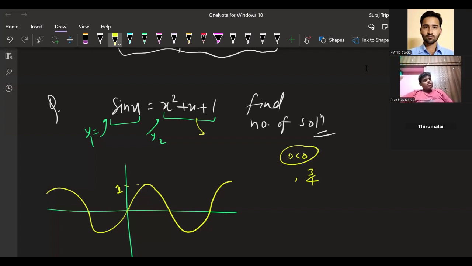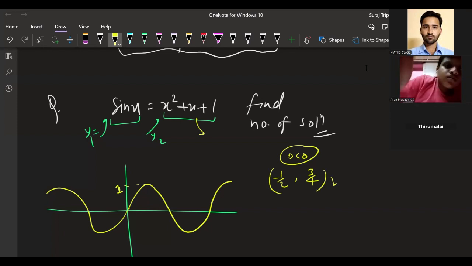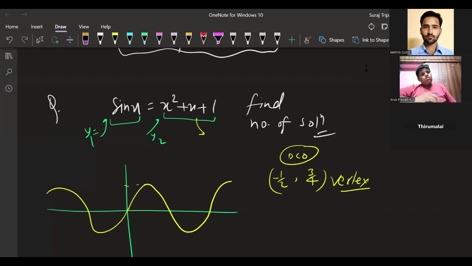And the value of x is minus b upon 2a, so minus 1 upon 2. This is the vertex of the parabola. So minus 1 upon 2 is the value of x, and the value of the function is 3/4. This is 1, and somewhere here it will be 3/4.